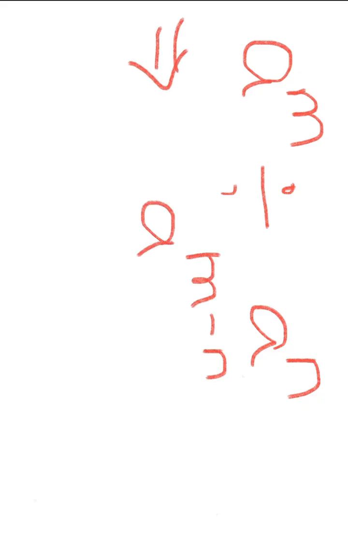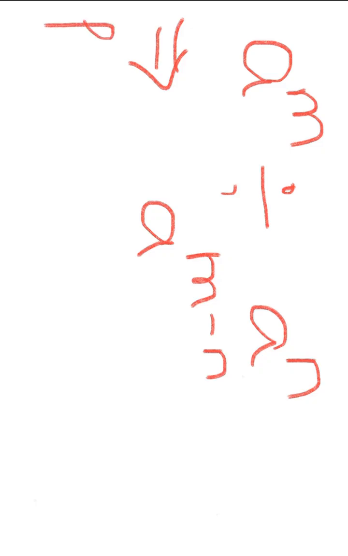The second law is, suppose my bases are same, my powers are different, but there is a division sign in between. Then you keep the base the same and the powers get subtracted. This is the second law.